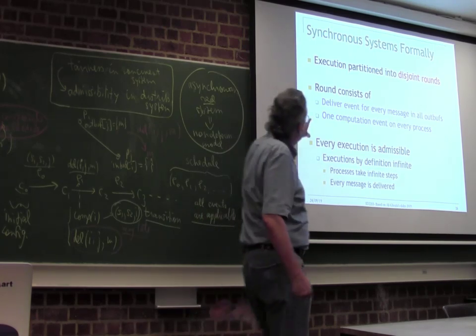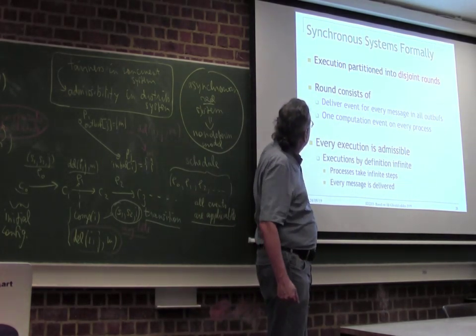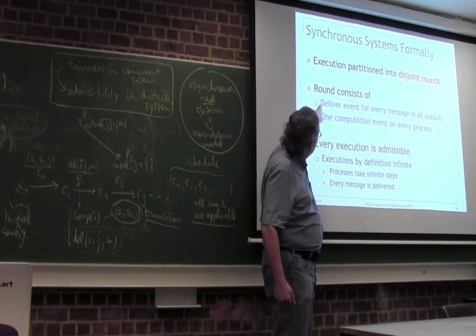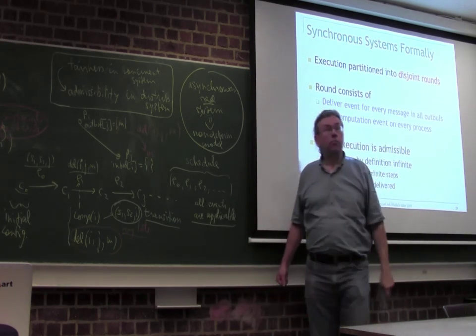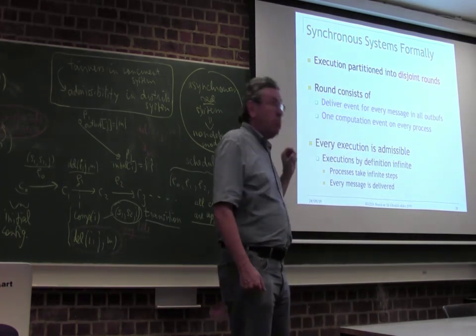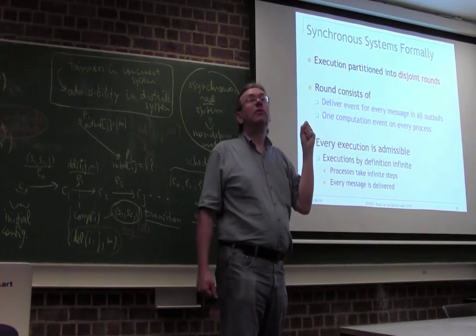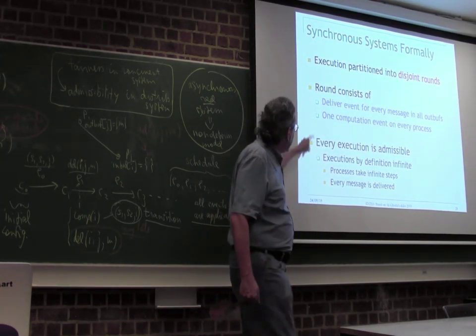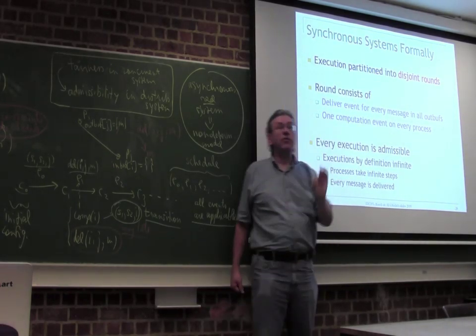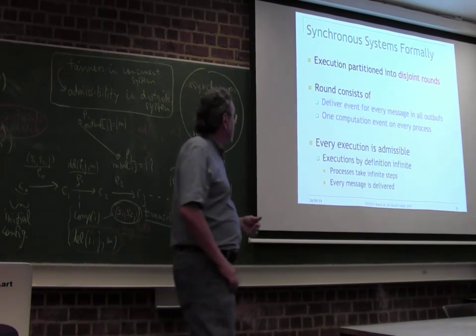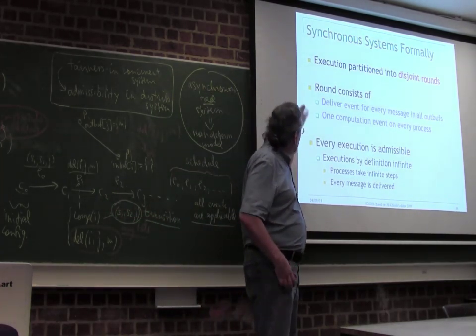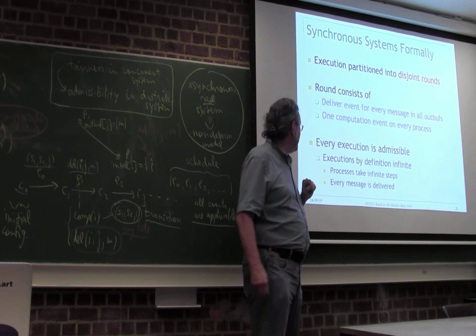Formally, the rounds are disjoint. The round consists of a delivery event for every message in all the out buffers. So all the out buffers are emptied in the round. And every process does one computation event. So everything moves forward. And in this model, every execution is admissible.